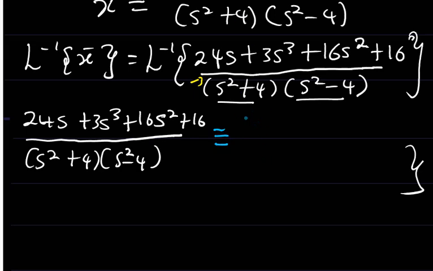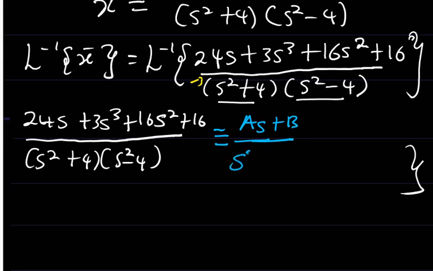Alright, this is going to be ax plus b all over s squared plus 4. I'll keep on using x, so it's supposed to be s. Okay, so here we go.